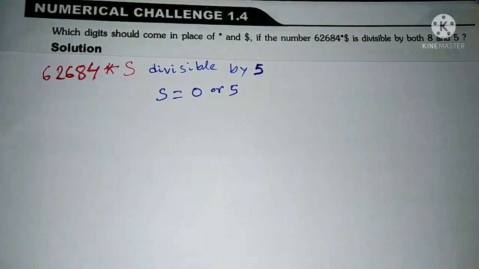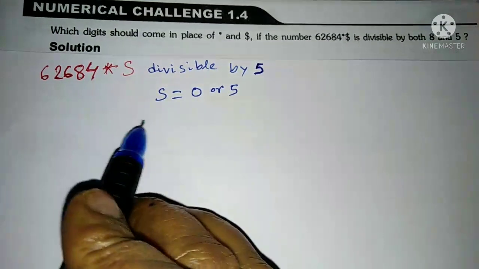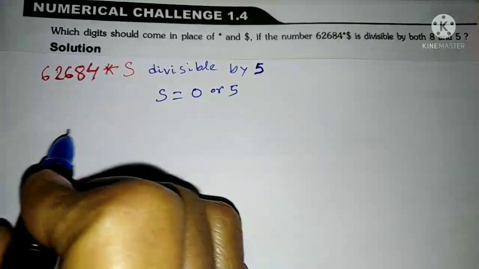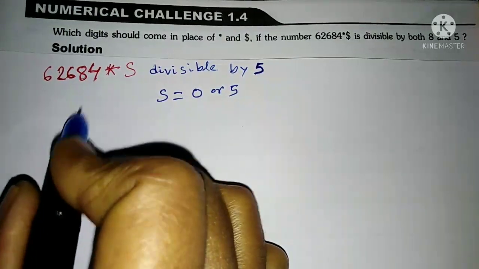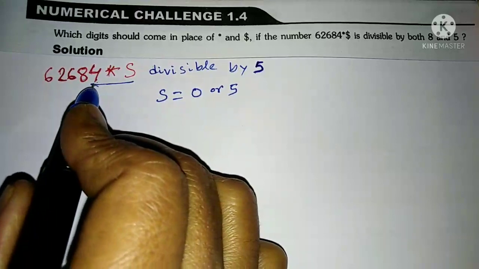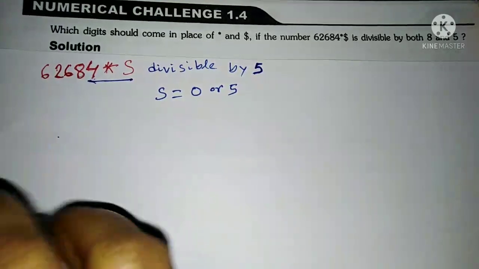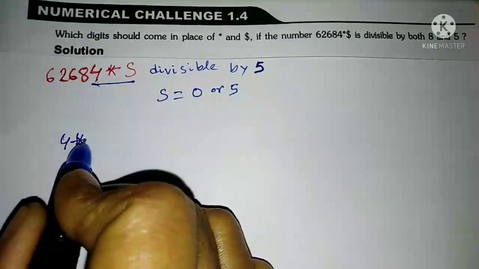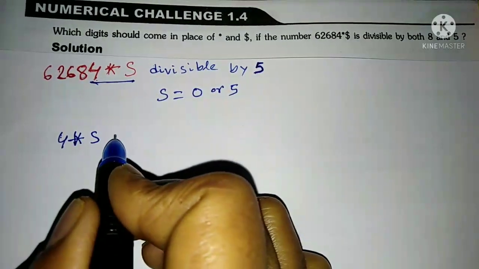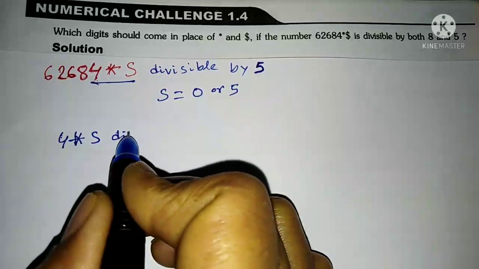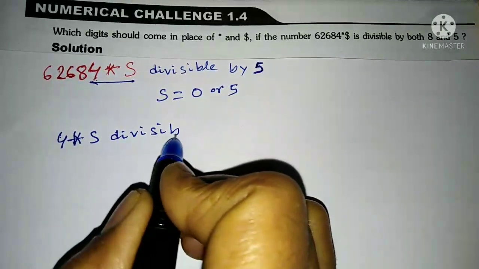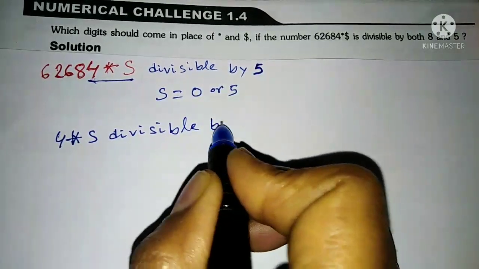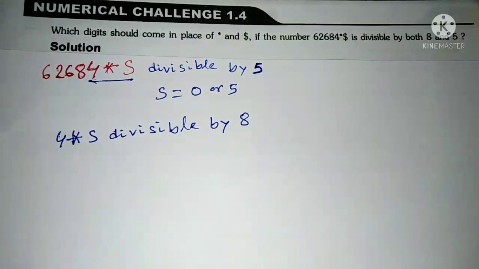Now we will check the divisibility test for 8. If the given number is divisible by 8, then the last three digits should also be divisible by 8. So let's start. 4 star S should be divisible by 8.